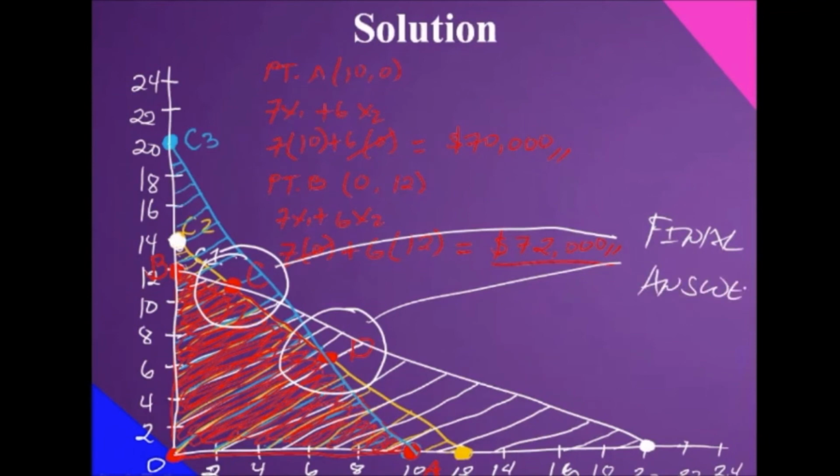Ibig sabihin, yung Honda, for them to be able to produce their two products, kahit anong combination ng number of units ng Accord and Civic ang gamitin nila, mag-a-adhere po yan pareho sa kanilang constraints.